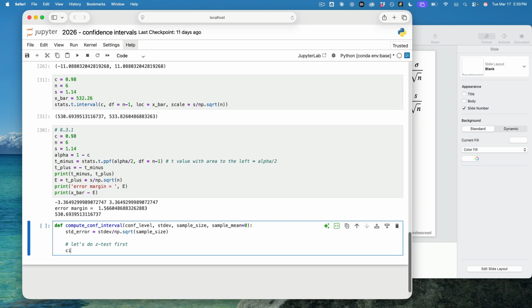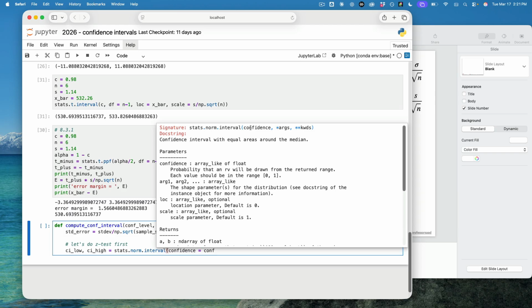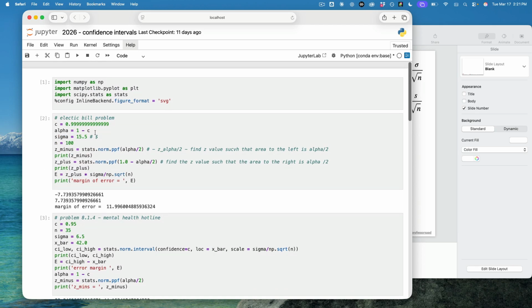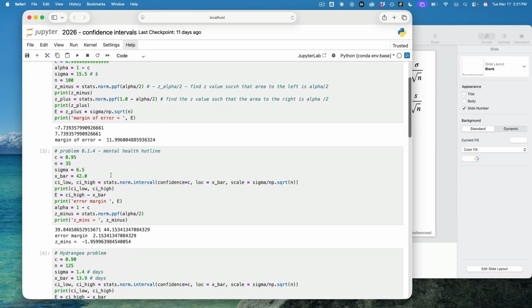So we do confidence interval low, and then CI confidence interval high, like we did last time. And that's stats.norm.interval. And confidence is equal to, if you look at stats.norm.interval, remember we passed the confidence, or if you look way up here, where is it?